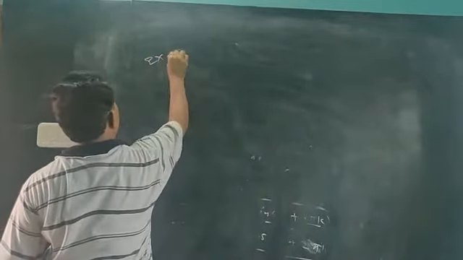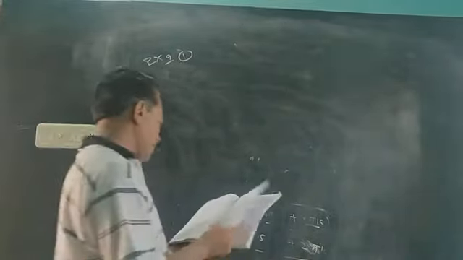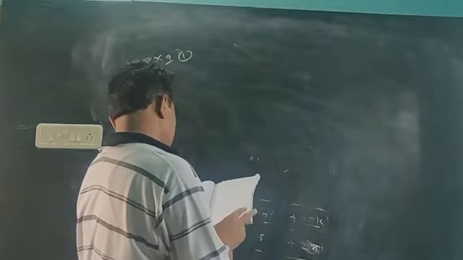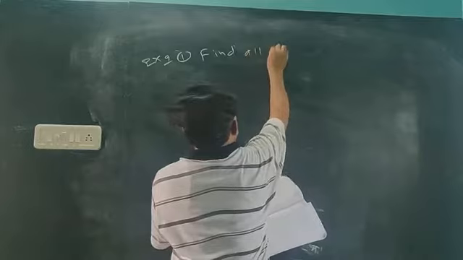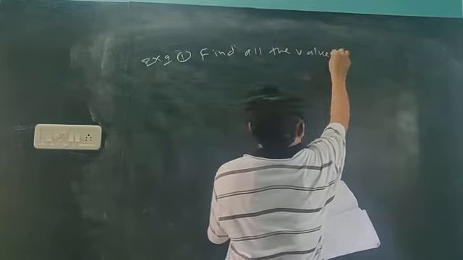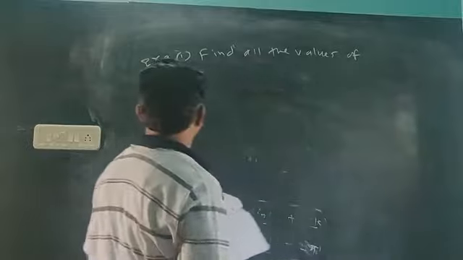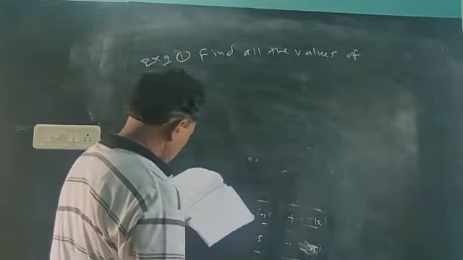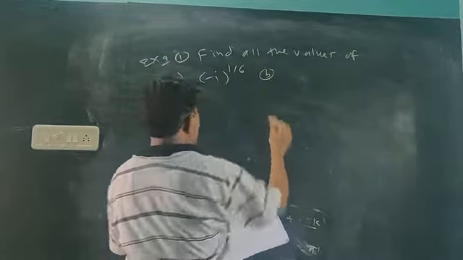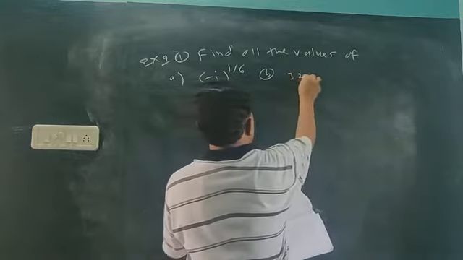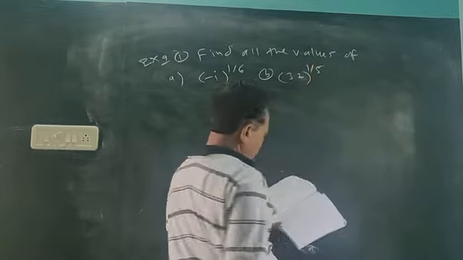Okay, let's go. No problems on this. Applications. Here is the question: find all the values of minus i raised to the power 1 by 6, and 32 raised to the power 1 by 5.